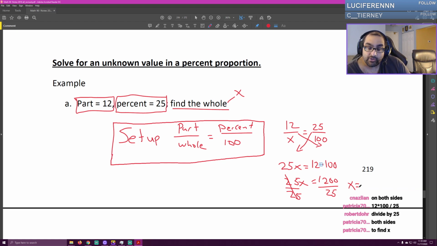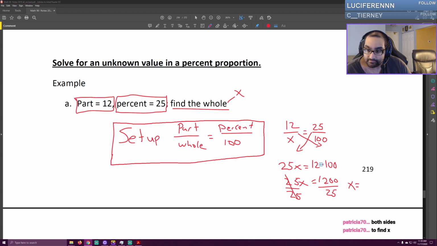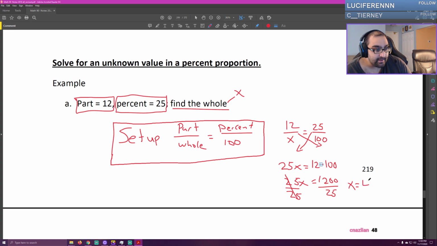So we got 1200 divided by 25. What's that going to be? $48. Great. That is correct. All right. See, not too bad, right? Very, very simple and straightforward. Not too bad at all. 48 is definitely correct.